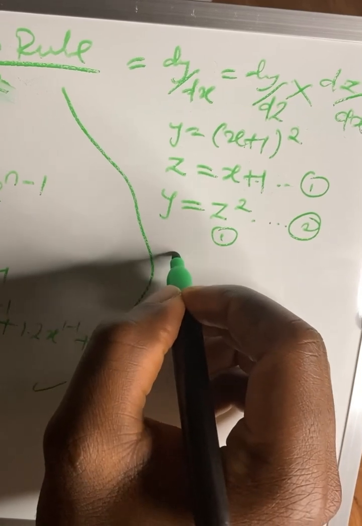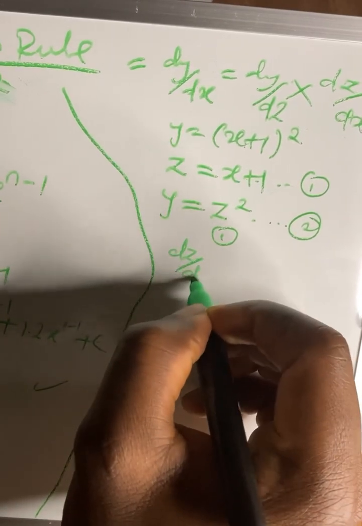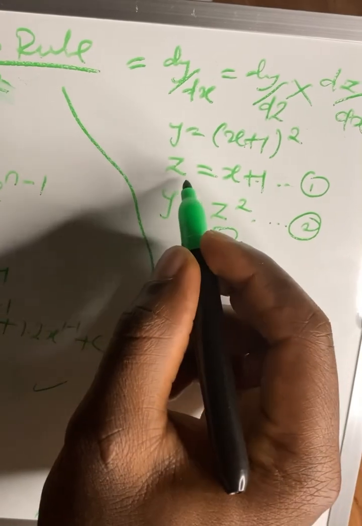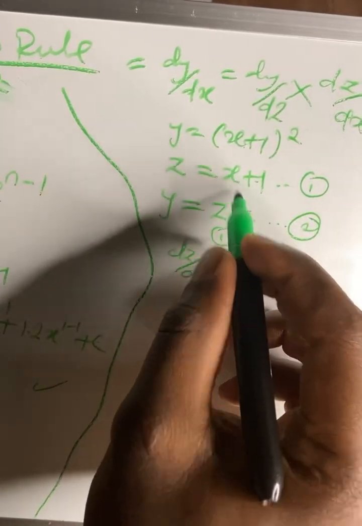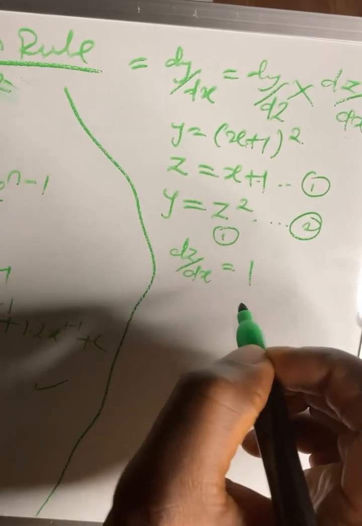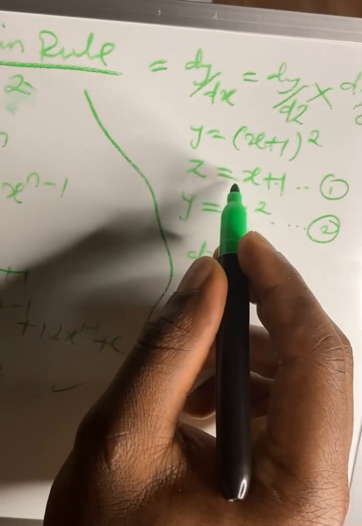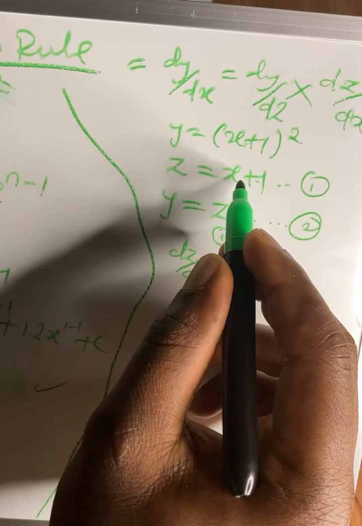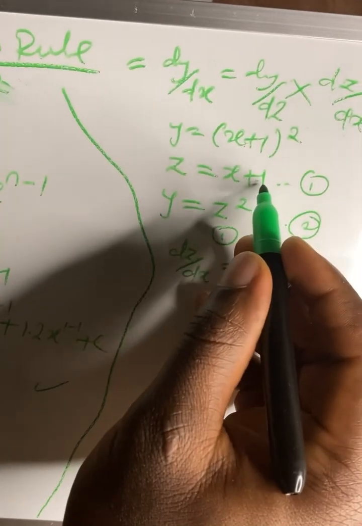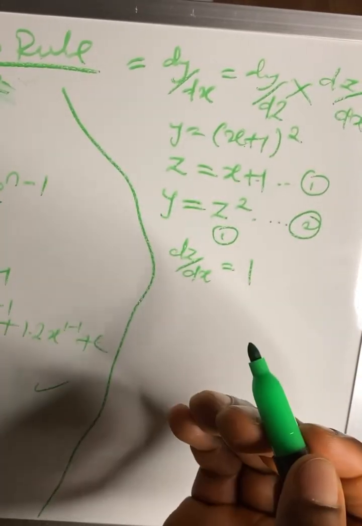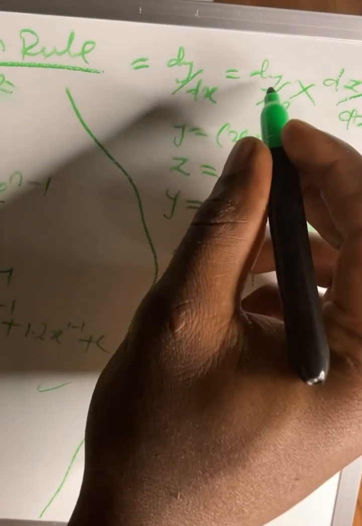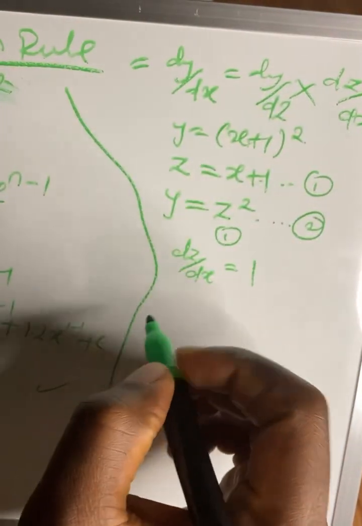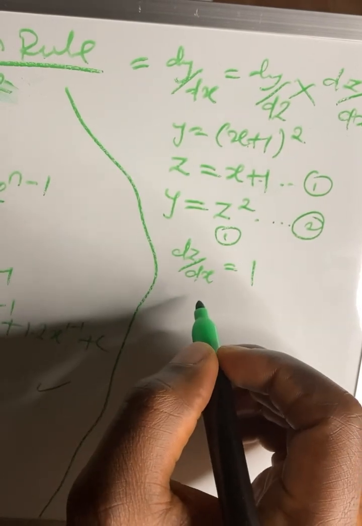So our dz dx will be equal to 1, right? Because we have only one alphabet here, and our 1 is constant, which is 0 already. So our dz dx is 1.